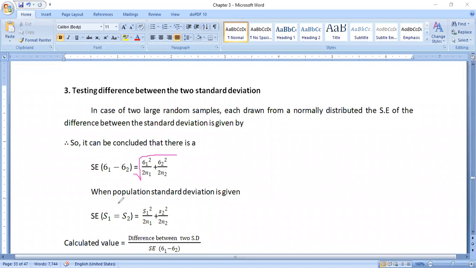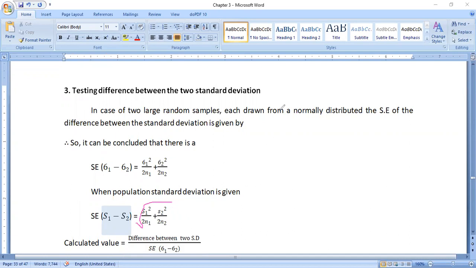When the population standard deviation is given, we need to apply this formula: the standard error of S1 minus S2 is equal to the square root of S1 squared by 2 into n1 plus S2 squared by 2 into n2.